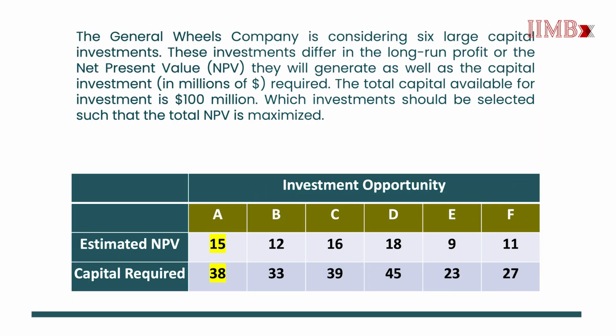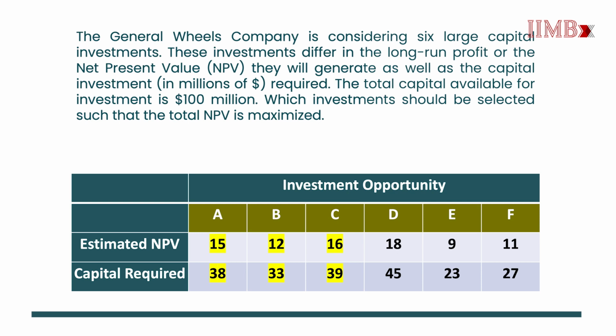So 15 by 38, for example, can be compared with 12 by 33 and 16 by 39, etc. And then we could rank these projects that way and start picking them. But that may not necessarily include project 4. Also, if you had other constraints, then we cannot do it this way.